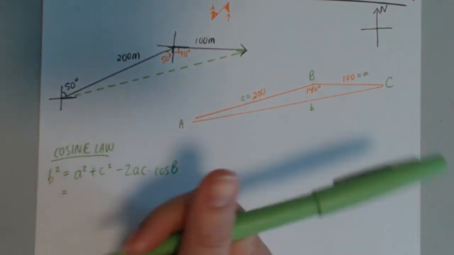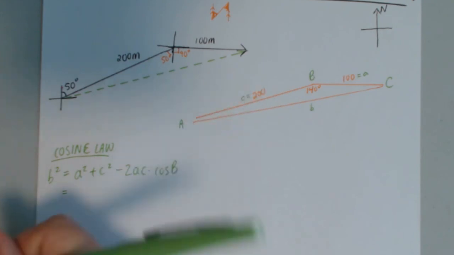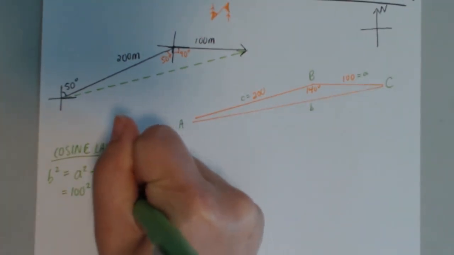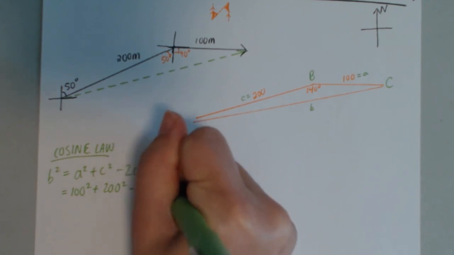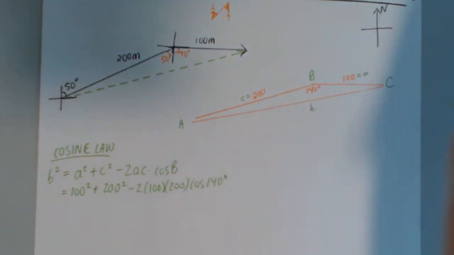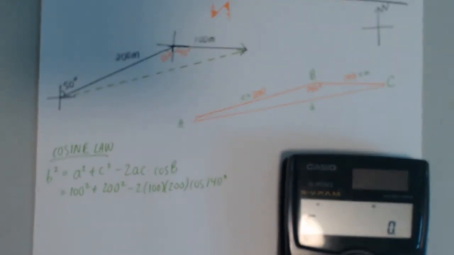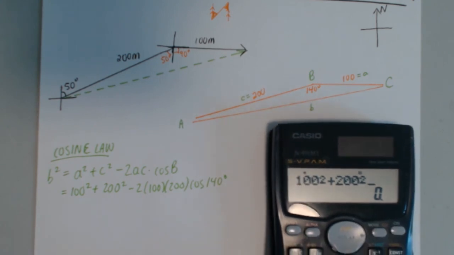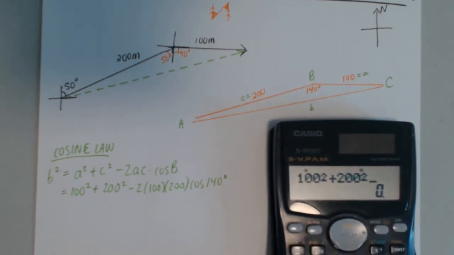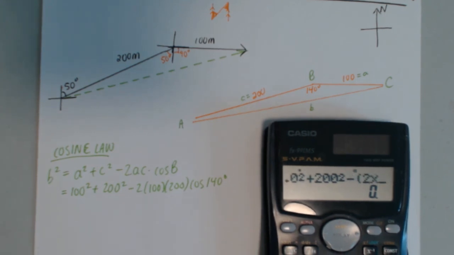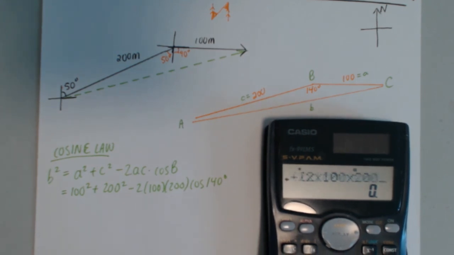So a is 100, c is 200, so 100 squared plus 200 squared minus 2 times 100 times 200 times cosine of 140 degrees. If you are going to enter this in your calculator all at once, please be vigilant and make good use of brackets.